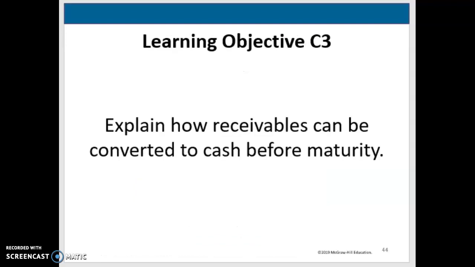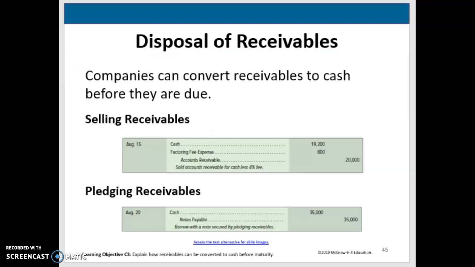All right. The other thing we're going to look at is, sometimes those receivables can be converted to cash before maturity. So we might be selling them to someone else, or we might be pledging them as a secure pledge against an asset. So if we're selling the receivables, we're receiving cash. There's some kind of a fee that we have to pay.